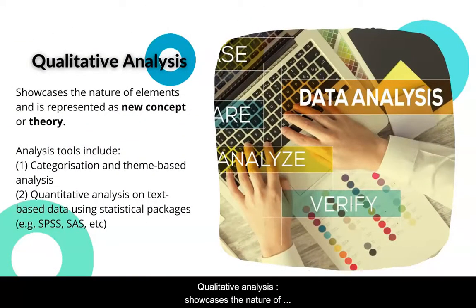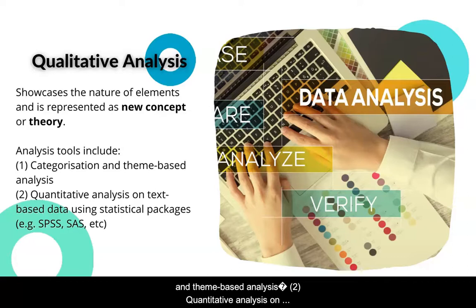In qualitative data analysis, it showcases the nature of elements and is represented as new concept and theory. Some tools that can be used for qualitative analysis are categorization and theme-based analysis.